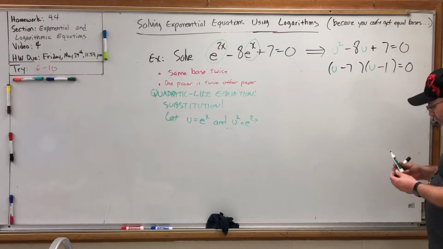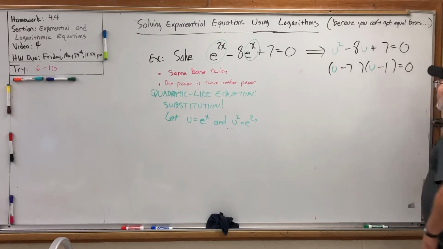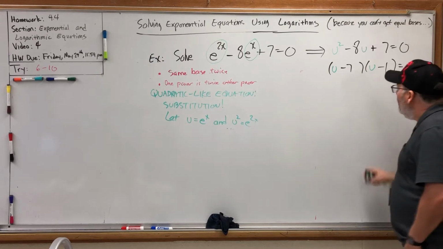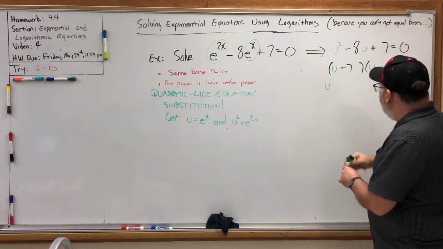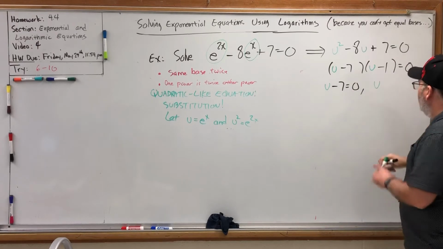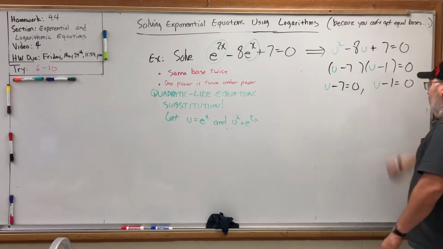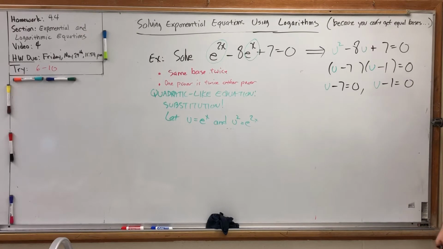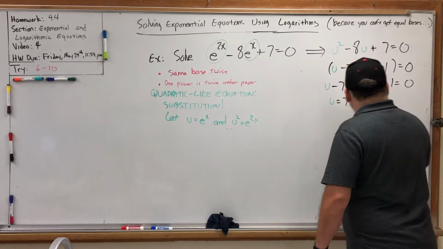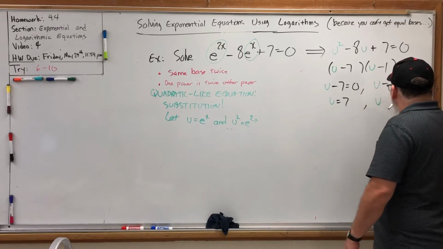We can use the 0 factor property now, which says that if you have a multiplication problem equal to 0, then the first factor is equal to 0, so u minus 7 equals 0, or the second factor is equal to 0, so u minus 1 equals 0. Those are both easy to solve. We get u equals 7, and u equals 1.